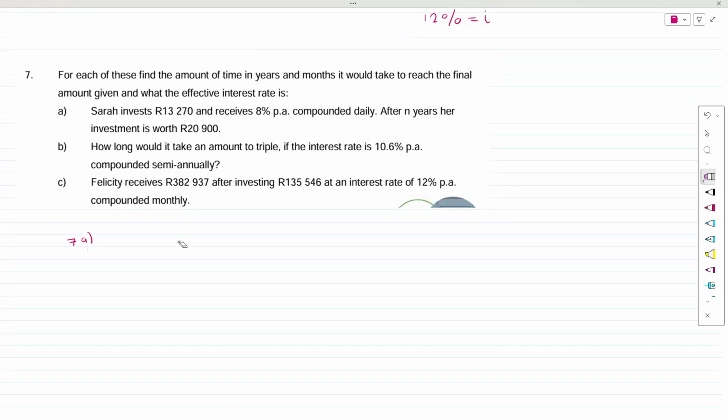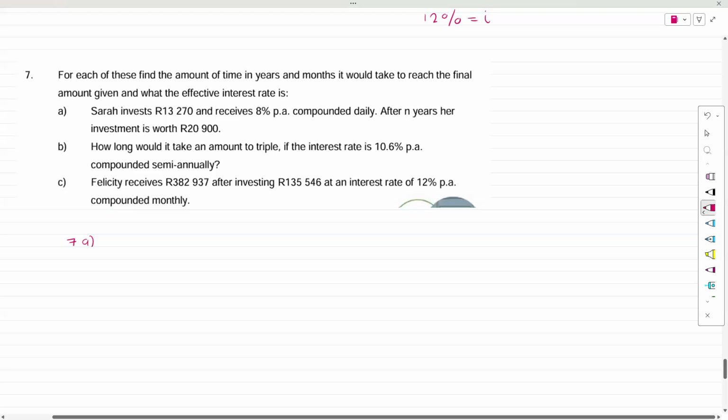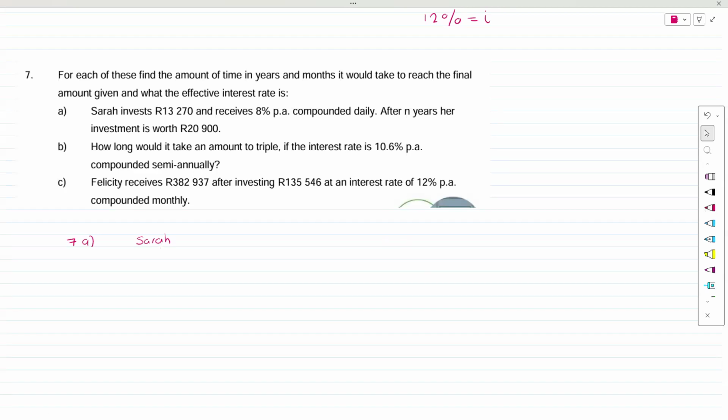Oh, there's Sarah. Sarah is smart. Sarah is investing 13,270 rand and receives 8% compounded daily. After n number of years, the investment is worth 20,900.